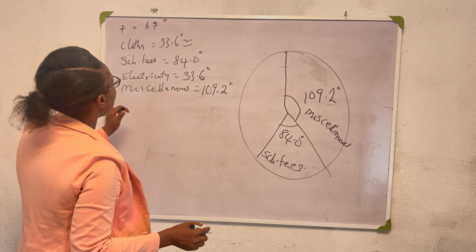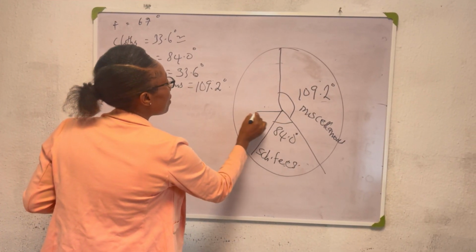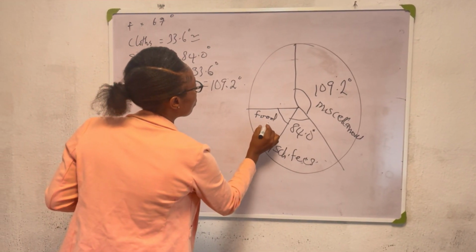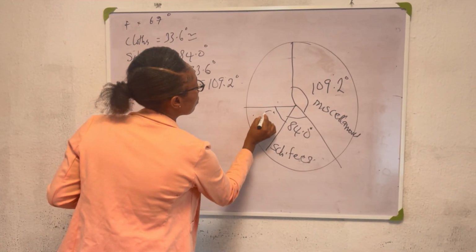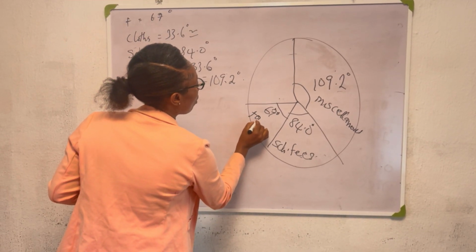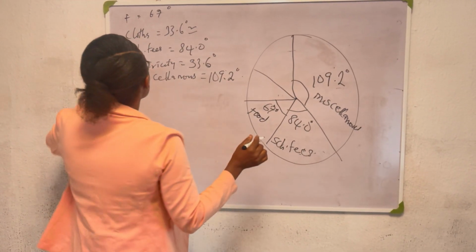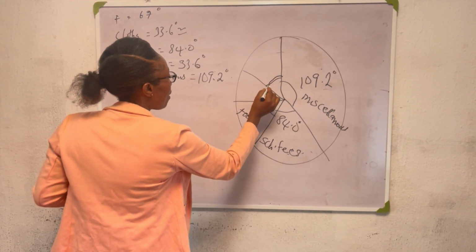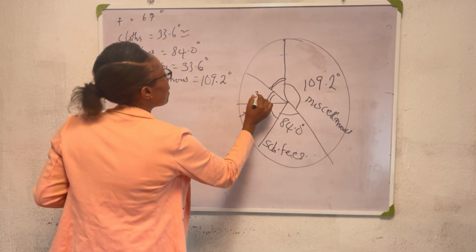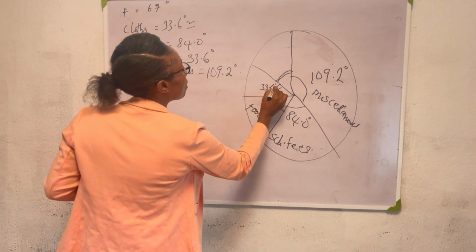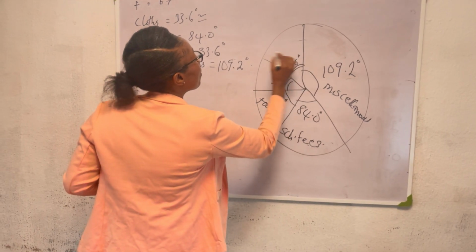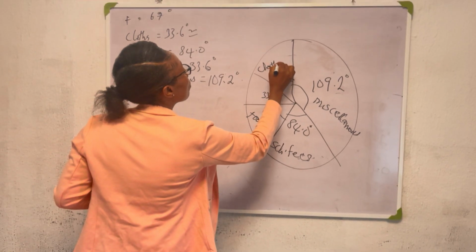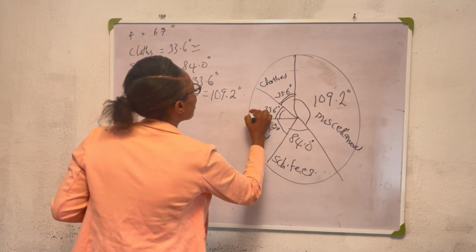The next is 67 degrees. Remember, this is for food. Then the other, clothing and electricity, they have equal angles. 33.6 degrees, 33.6 degrees. That's for clothes and electricity.